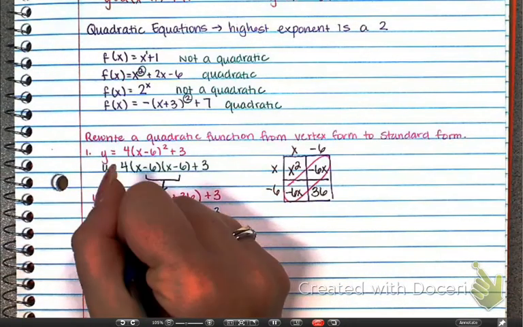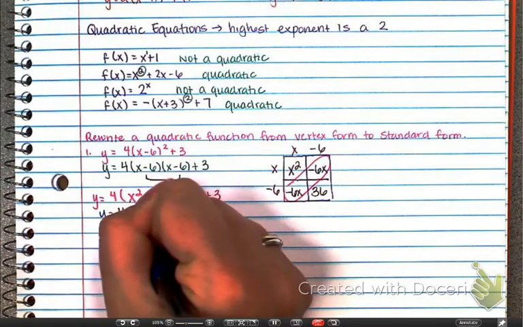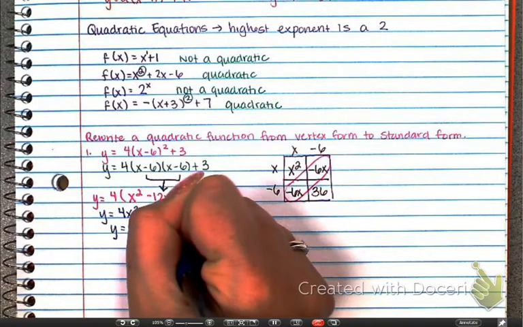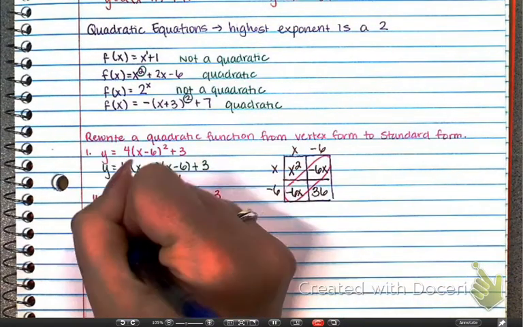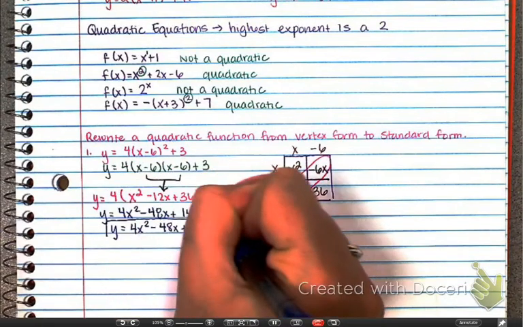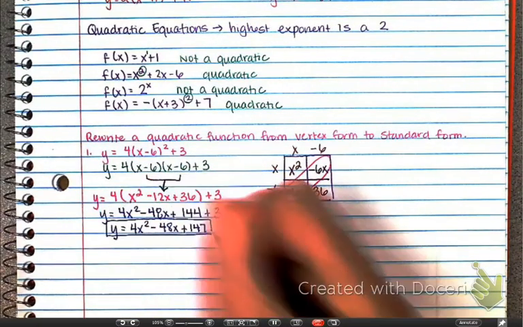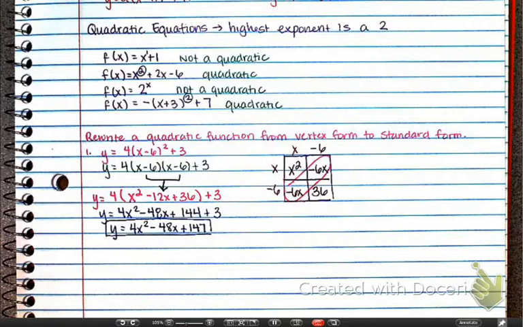So final answer is y equals 4x squared minus 48x plus 147. So it's not new information, but it's information you have to be able to recall so that you can rewrite it.